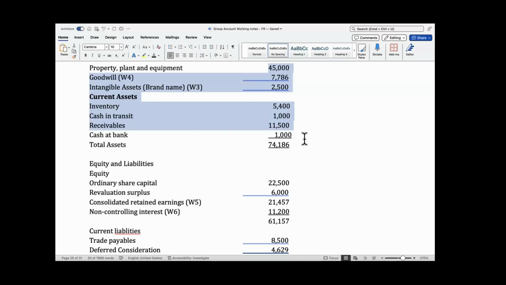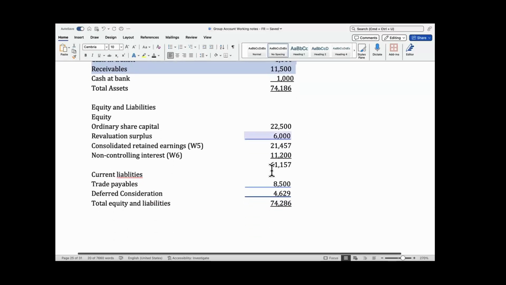It's correct, 74,186. And this one, okay, hold on. So that's 61,157. That's correct. 74,286.